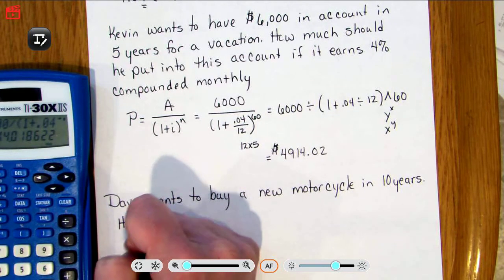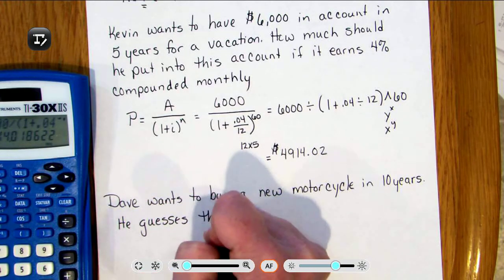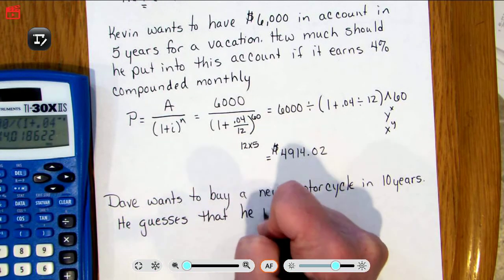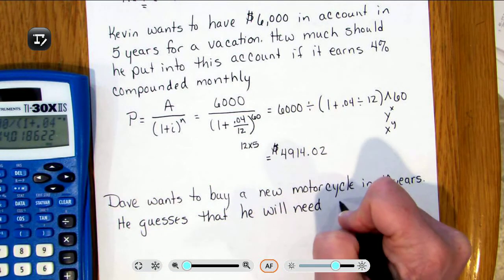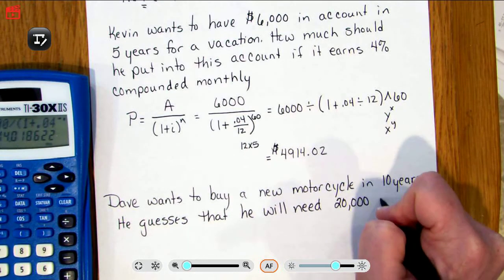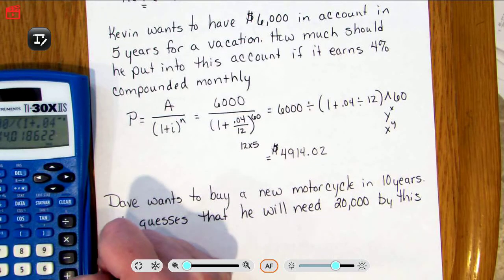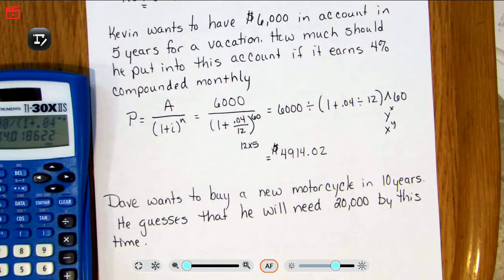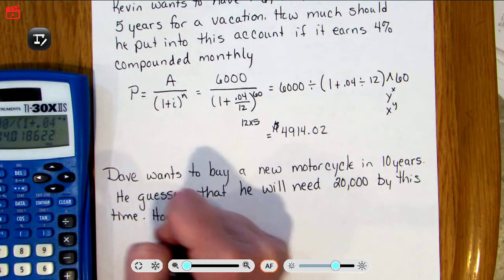He guesses that he will need, let's go with $20,000 by this time, because he wants to pay for it outright. He doesn't want to have to take out a loan. So, how much should he deposit?